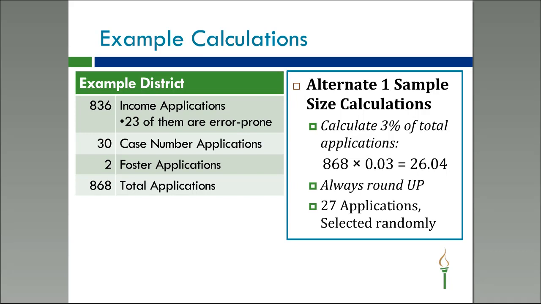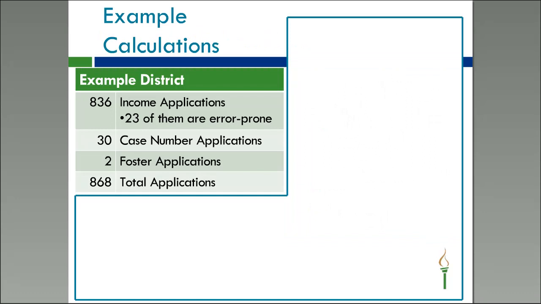Again, we have to round up, so we'll verify 27 applications. But this is different than the standard sample size because we select these applications randomly. So we could verify any of these applications. So we'll randomly select 27 applications to verify for the alternate 1 sample size.